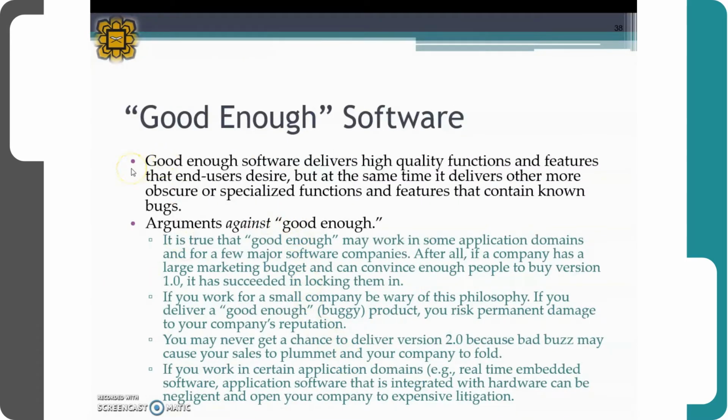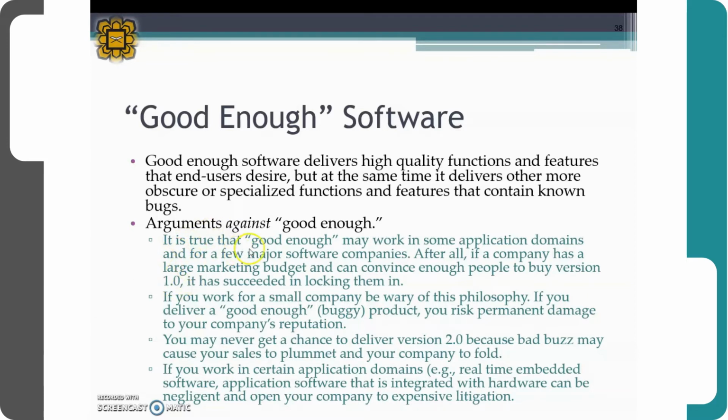So they come up with the term good enough software. That means it can deliver high quality functions and features to the end user. At the same time, it delivers other more obscure or specialized functions and features that contain known bugs. That means you can produce, but at the same time you have some limitations.